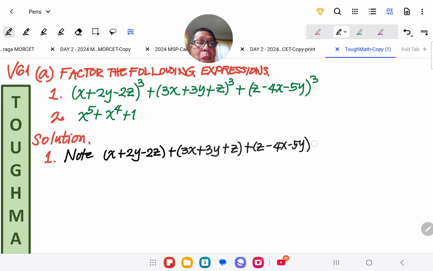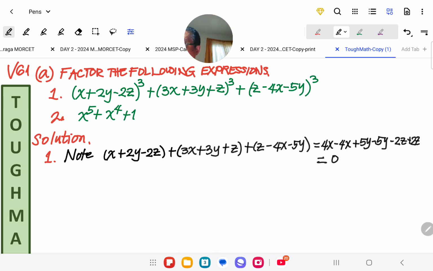So notice that we have 4x minus 4x, plus 5y minus 5y, and minus 2z plus 2z, and this is equal to 0.